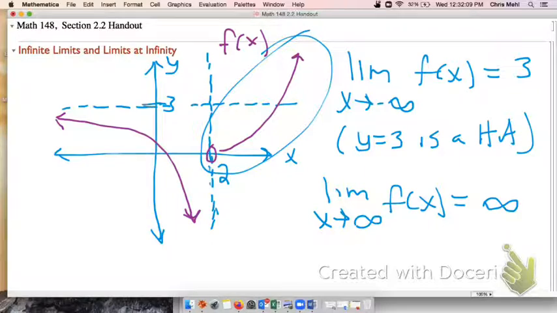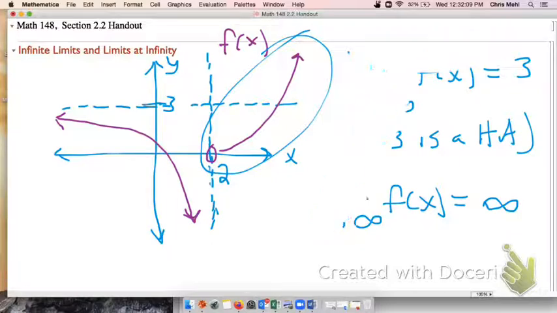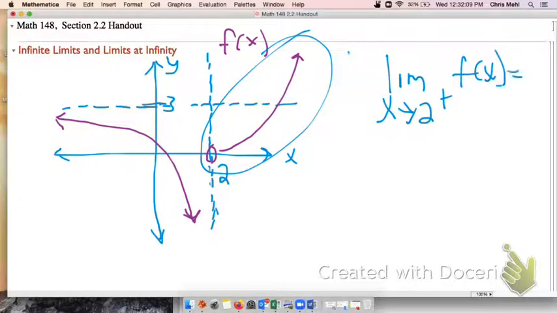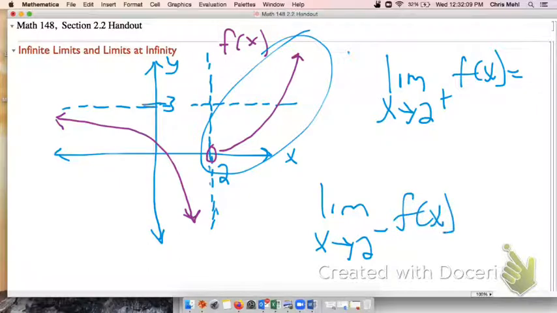Now you'll notice that x equals 2 is a vertical asymptote, and if you look at both those limits, and by both limits I mean the right-hand limit at 2, and then you can also look at the left-hand limit at 2.